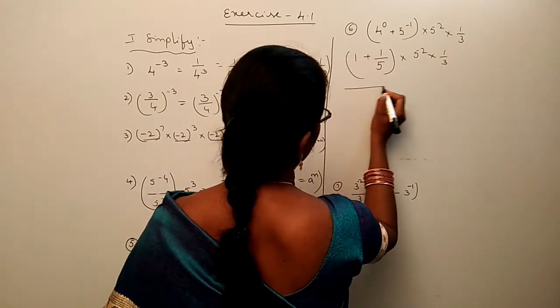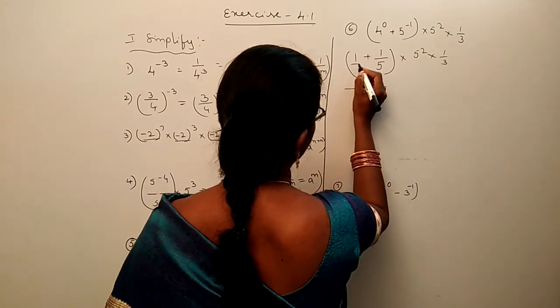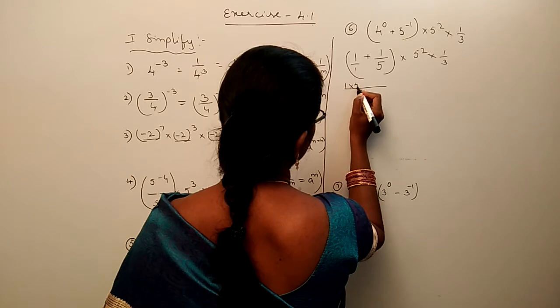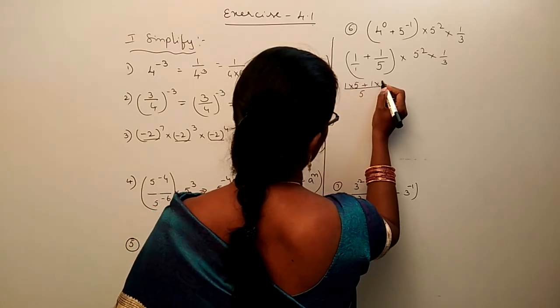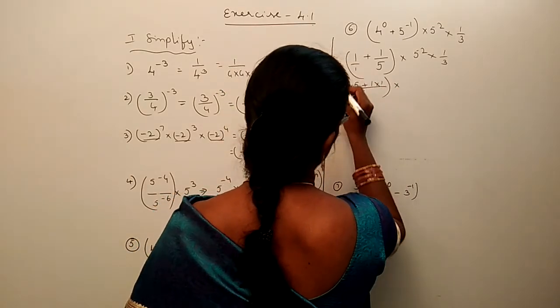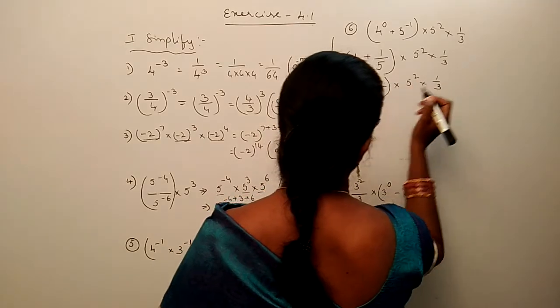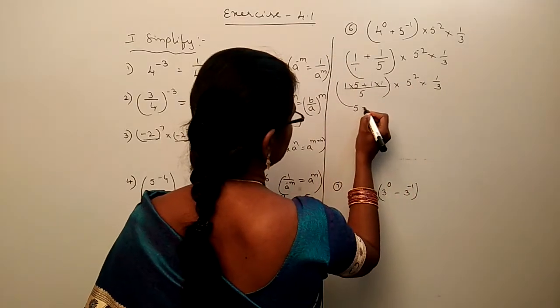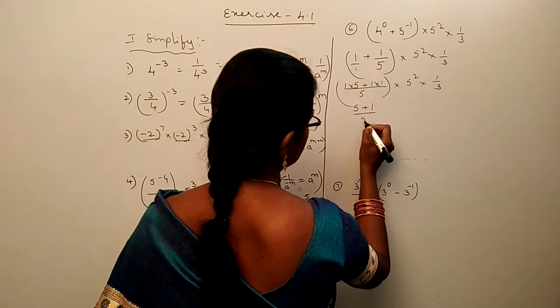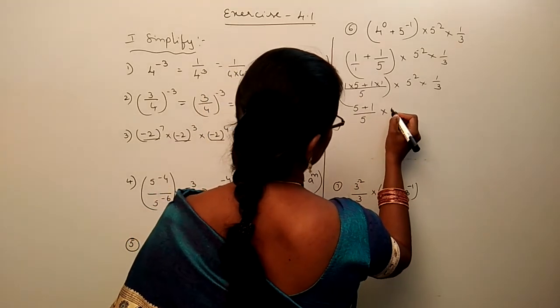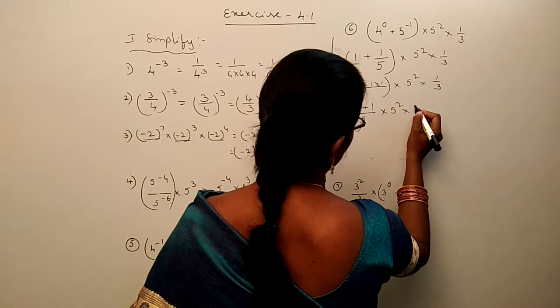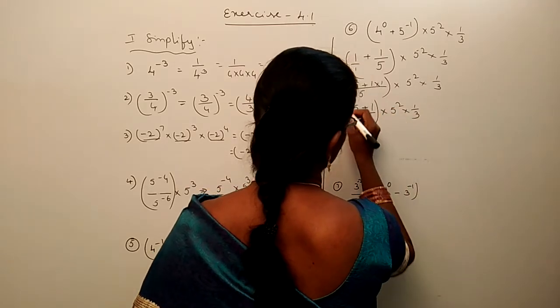Now here 5 is the LCM. 1 into 5 plus 1 into 1, bracket close, 5 square into 1 by 3. Now 5 1s are 5 plus 1 by 5 into 5 square into 1 by 3.